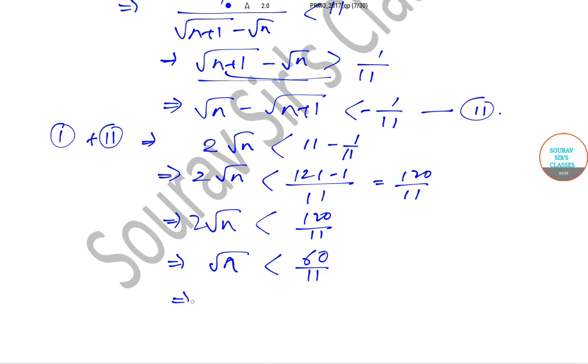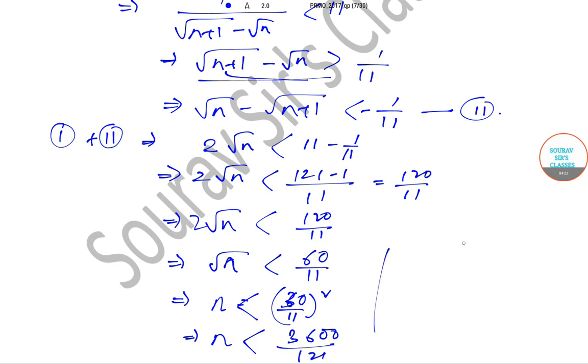That means n will be less than 60 by 11 whole square. So n will be less than 3600 divided by 121. Let us find out this value, 3600 divided by 121.